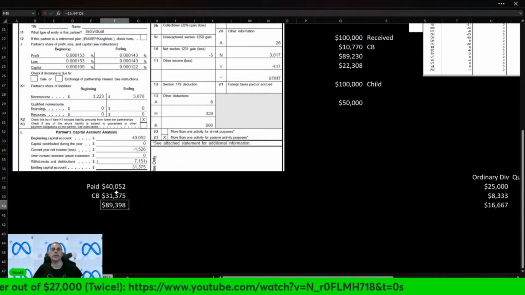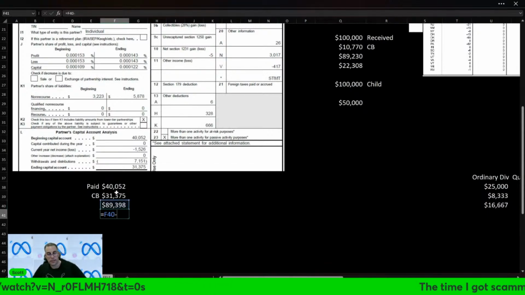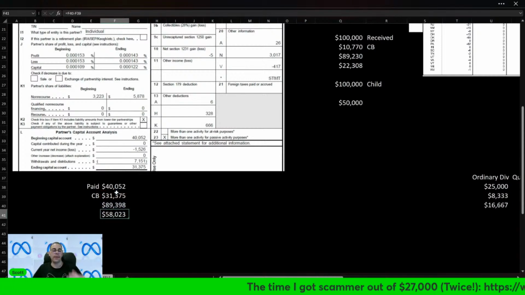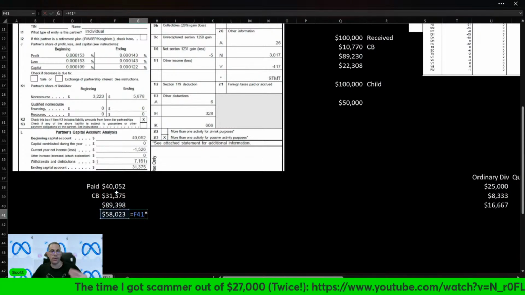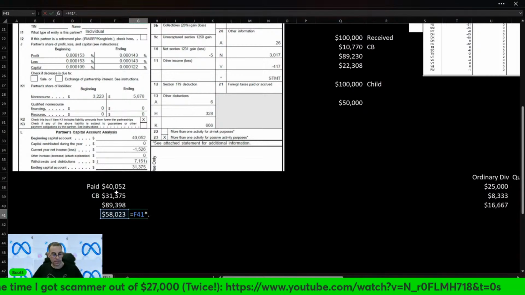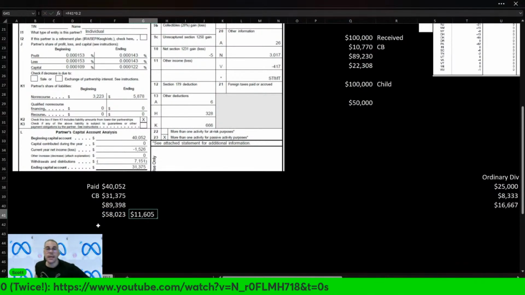So that's my cost basis. And if I sold it today for 89, I would have a $58,000 profit. And then I pay long term, which is 20%, I believe. So then I would have to pay 11,000 in taxes. But at least I don't have to pay the higher tax rate, ordinary taxes.